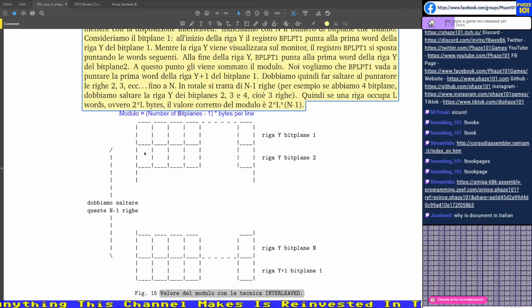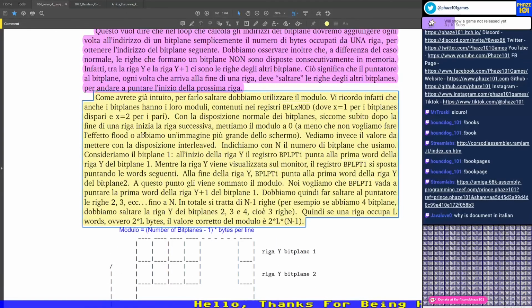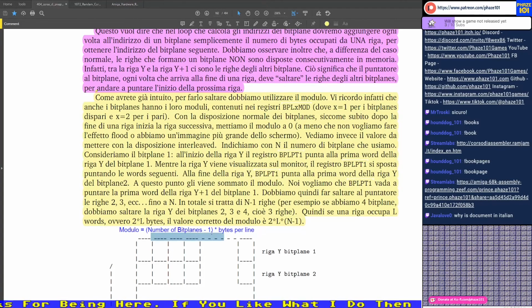So if each line is 40 bytes, we need to jump 80, because we have 3 bit planes, and as the formula says, the number of bit planes minus 1, so it's 2, times the number of bytes per line, which is 40, so the number is 80. That's all he's really saying there. Once you get this, it's nothing you need to be afraid of.